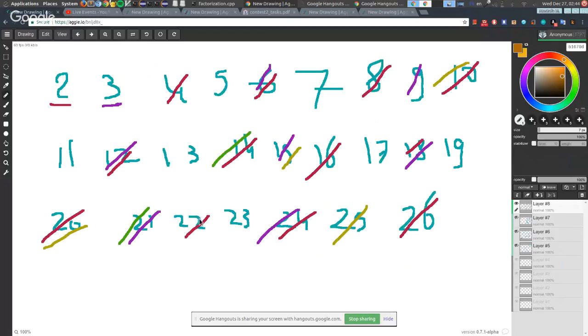And then the 11 goes through its multiples, and then we will do nothing. So this is the sieve. So we report at the end that the prime numbers that we have are 2, 3, 5, 7, 11, 13, 17, 19, and 23.